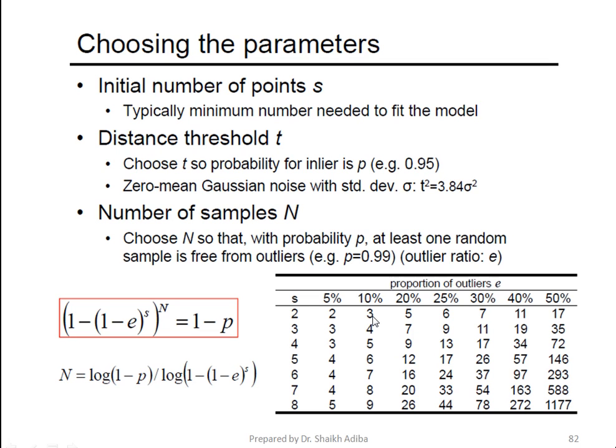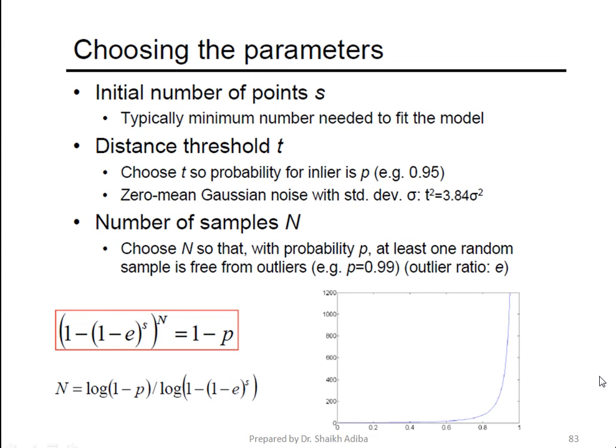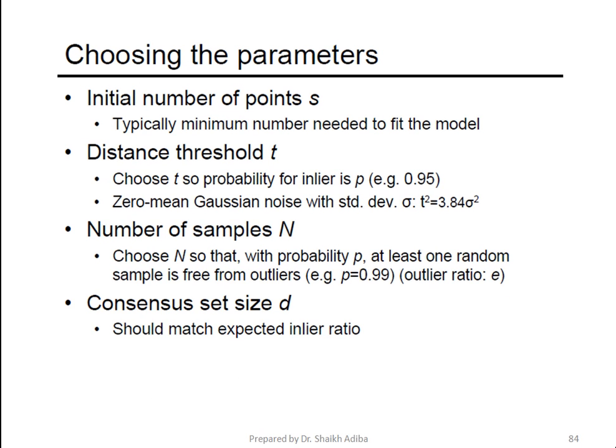Then if we increase to 10%, 20%, 30%, then the number of data points also increases here. So as we move from a smaller S towards a greater S, these values change. Now here is the curve that has been drawn using the values in the table on the previous slide.